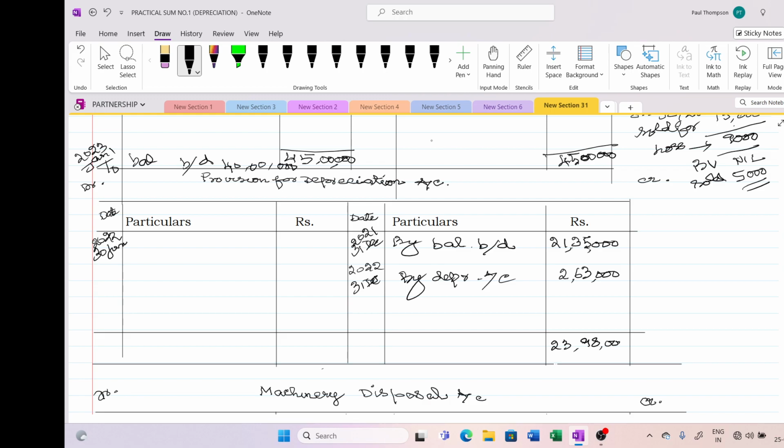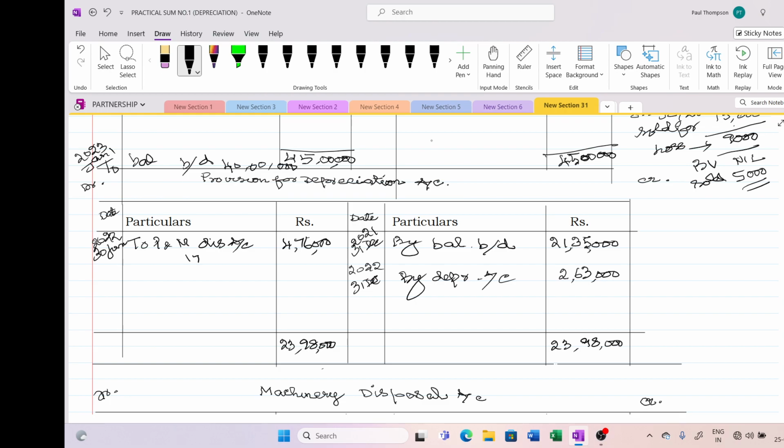Hope it is clear for all of you. 23 lakh 98,000. Now, the provision for depreciation on the machines which have been scrapped and sold out is removed to plant and machinery disposal account. We have already written 4,76,000.